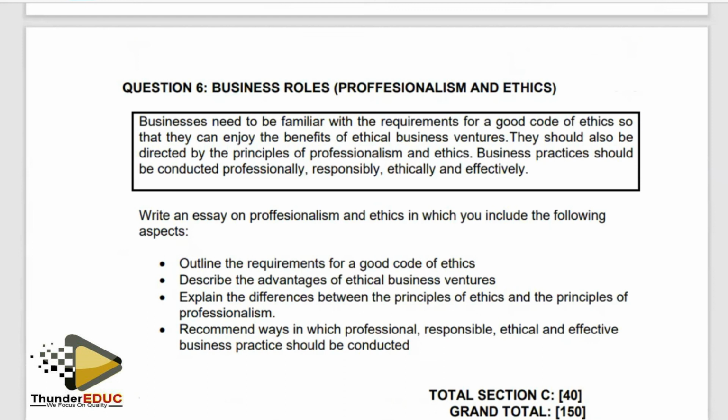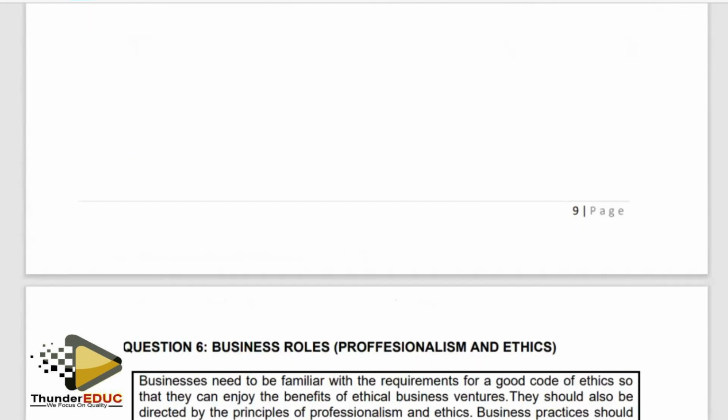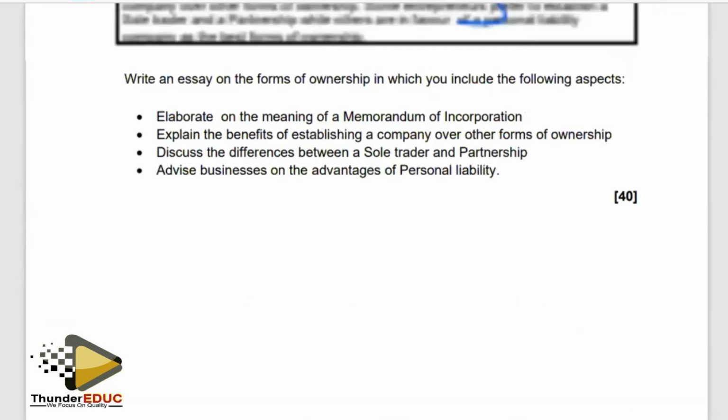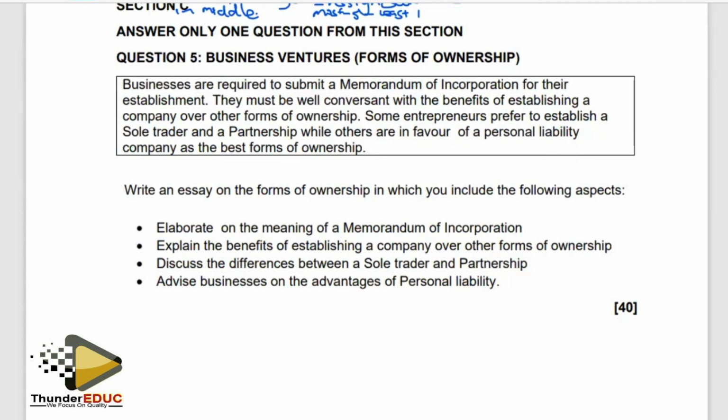Find out which one you are more comfortable with and choose the one you can do better. Remember, we choose what we can do better, not the most difficult one to show that we are superior to the rest of the class. We do what we can do best by ourselves.